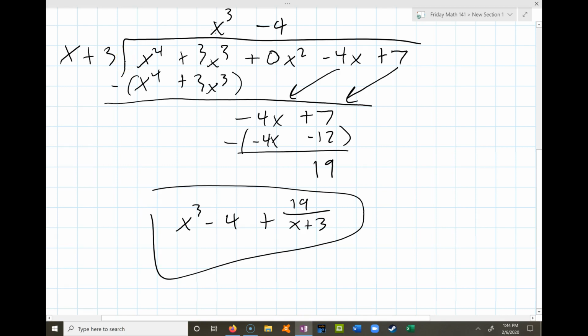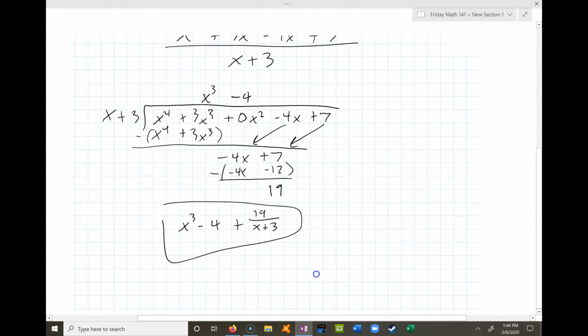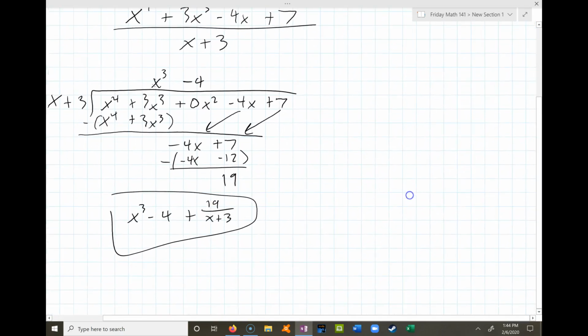Now let's do the same thing where you can see it with synthetic division. Synthetic division is like fake division, kind of. That's what synthetic means. It's a way to do it quickly without having to keep track of all the x's. So I'm going to take this polynomial just as it is and write just the coefficients.